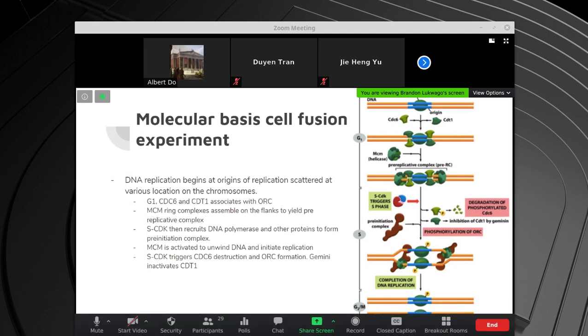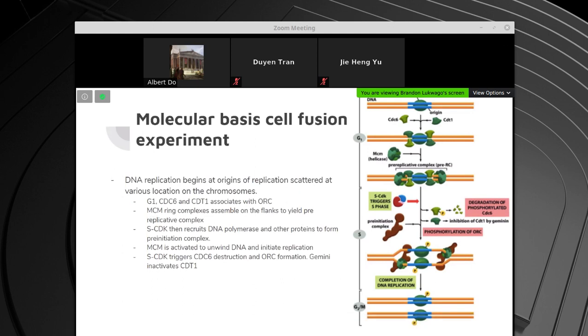In the third stage, the MCM is activated to unwind the DNA and initiate replication. Finally, S-CDK triggers Cdc6 destruction and ORC phosphorylation. Geminin inactivates Cdt1.